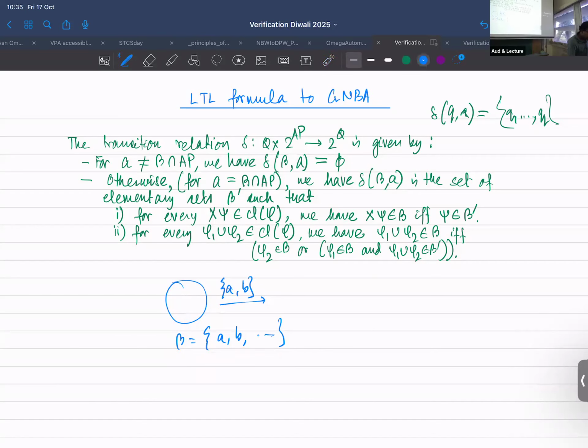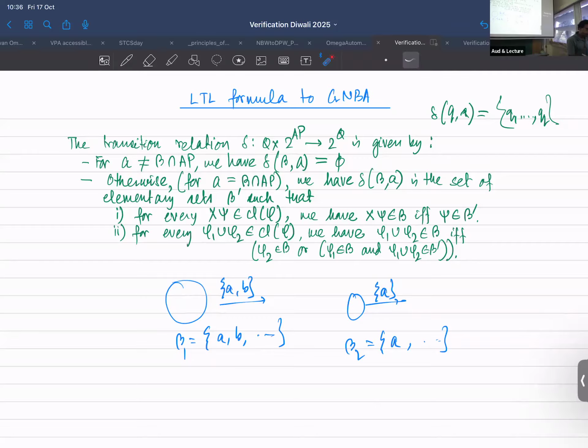There can be another, let's say beta 2, which has only A. From that state, I will allow only A. That is the transition that is allowed. Clear? So if the letter on which the automaton makes a transition is not the same as the atomic propositions that are there, then this transition is not defined.